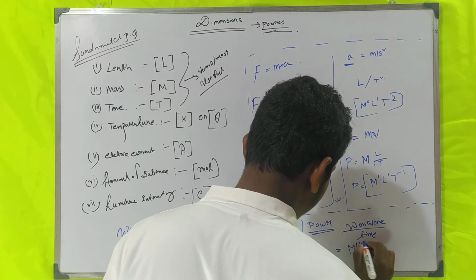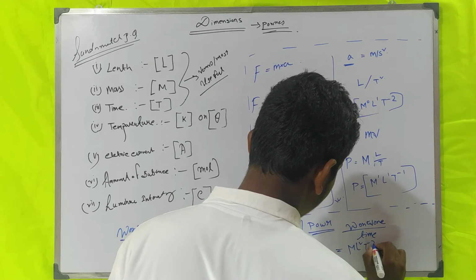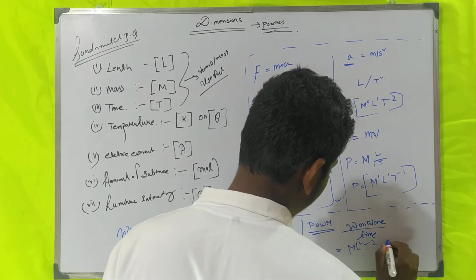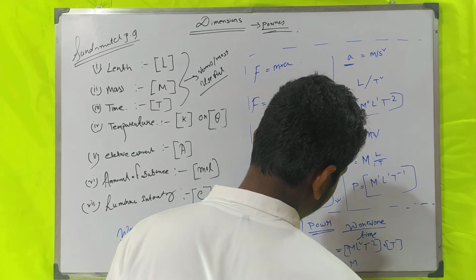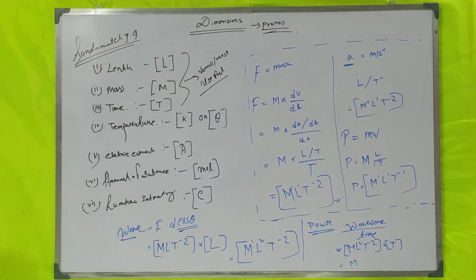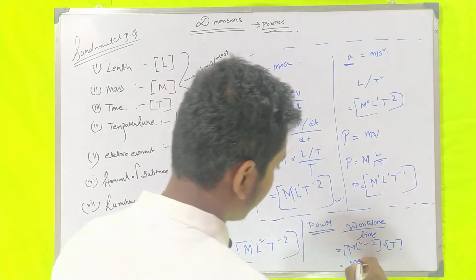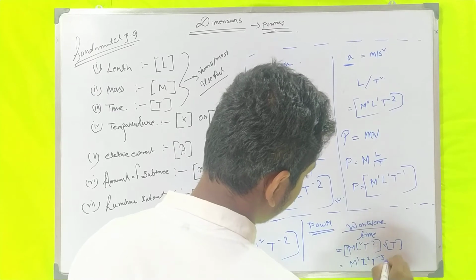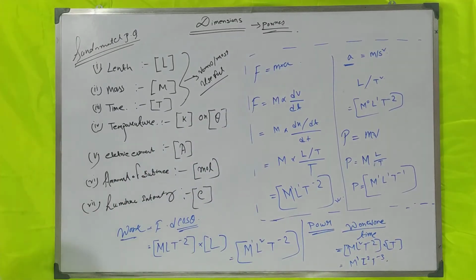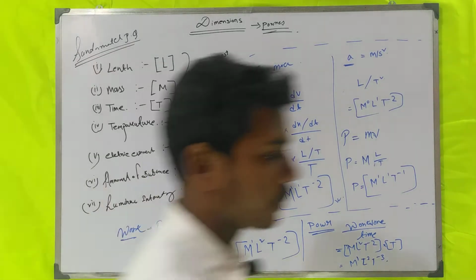M L^2 T^-2, divided by T. And you can find the dimension of power is M^1 L^2 T^-3.